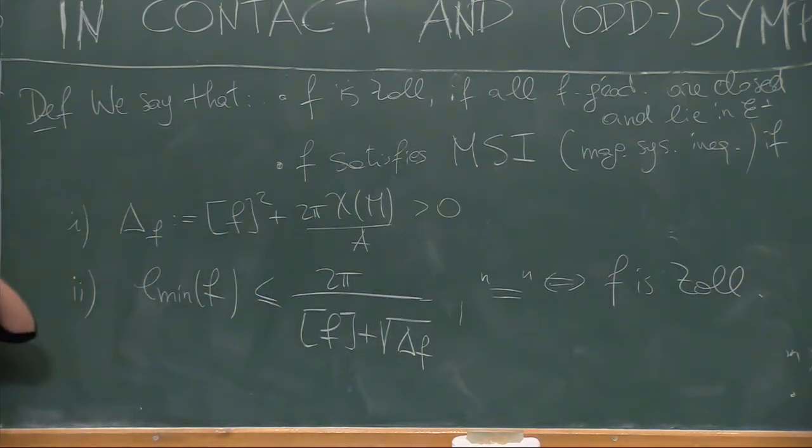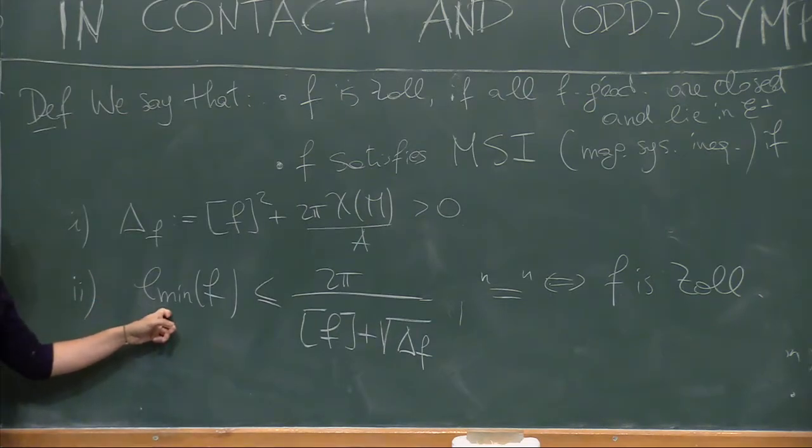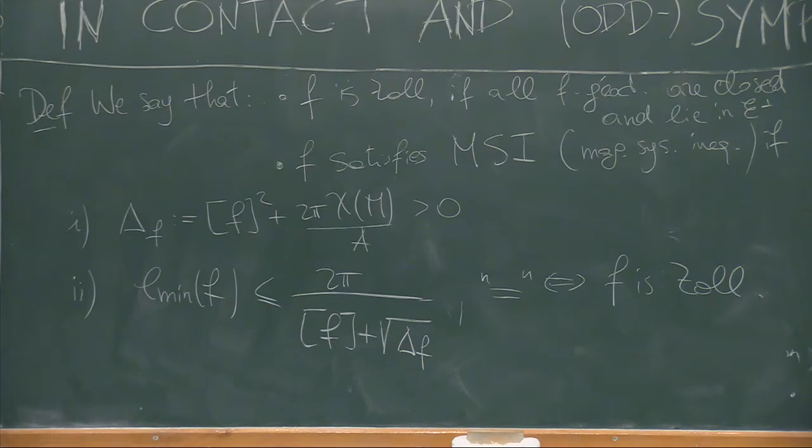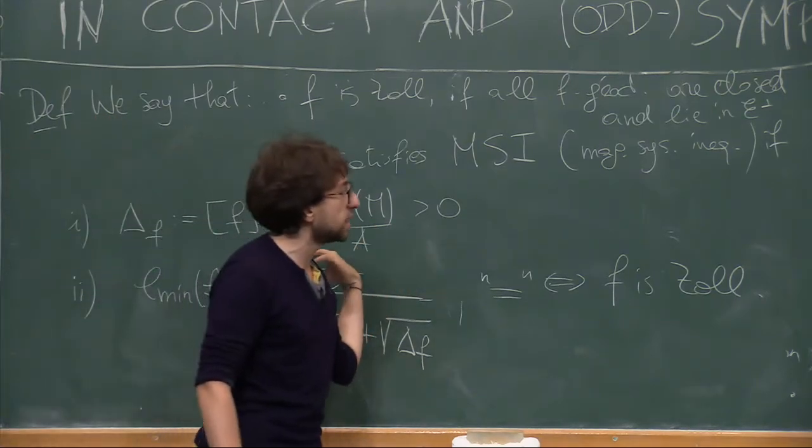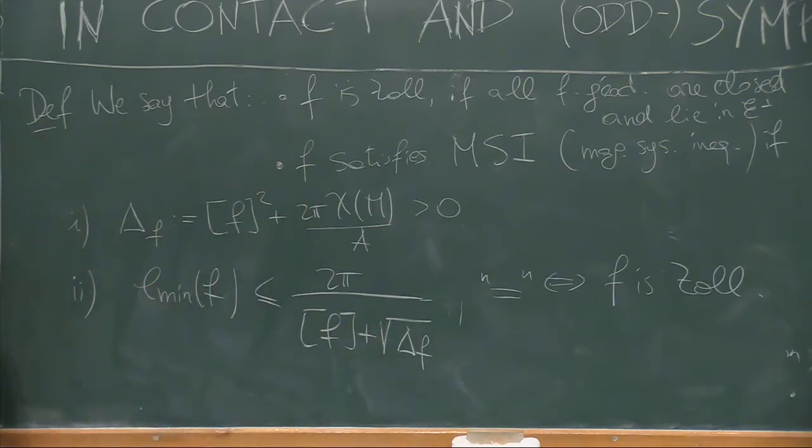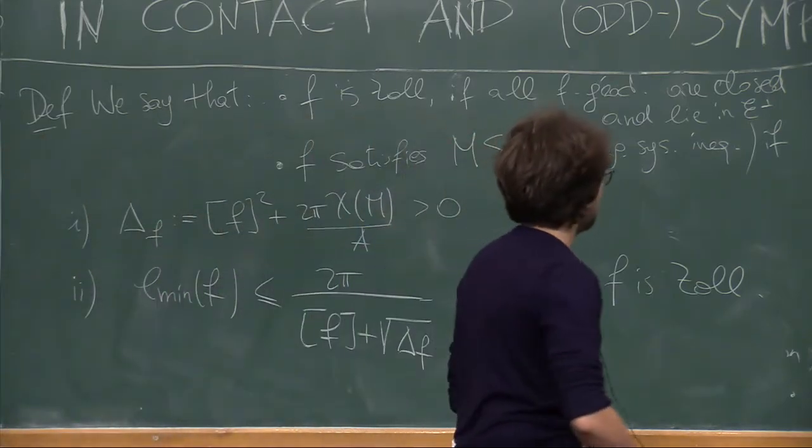So we say that f satisfies the magnetic systolic inequality if delta f is positive, and then we have this bound for the minimal f length. And now I'm going to state a theorem that says that in some cases f satisfies this magnetic systolic inequality.